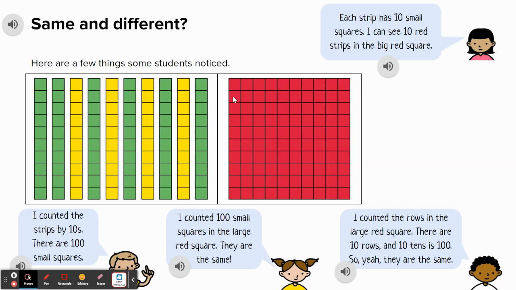There are 1, 2, 3, 7, 8, 9, 10 small squares in each column. So let's count by tens. 10, 20, 30, 40, 50, 60, 70, 80, 90, 100. There is 100 small squares for each of those pictures.